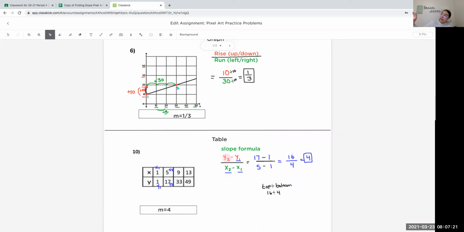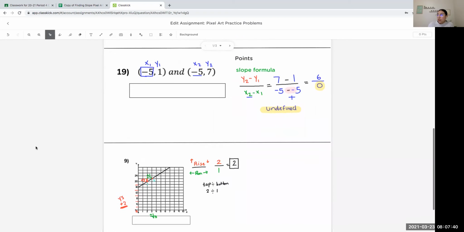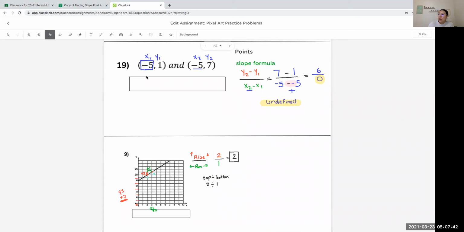Take a screenshot of number 6 and 10 so you can see how to work through a table and a graph. And I'll scroll over so that you can see how to work through points and another graph.